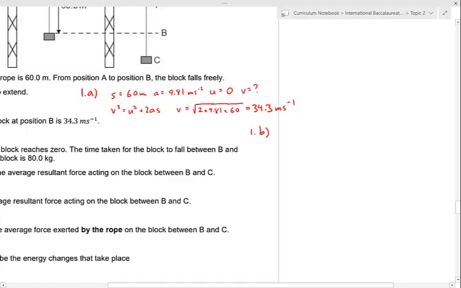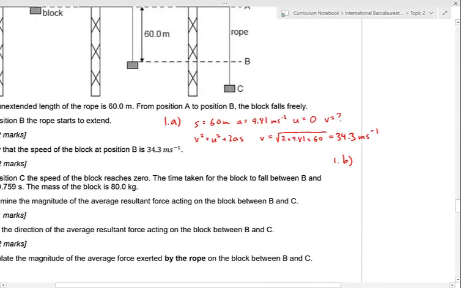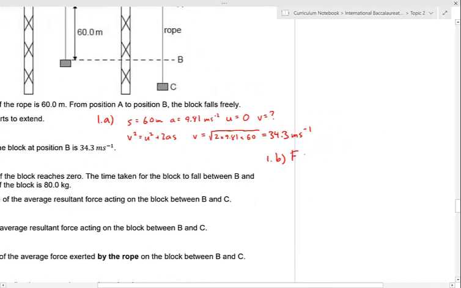We know that the force is equal to the rate of change of momentum. And in this case, we can figure out what the change in momentum is.